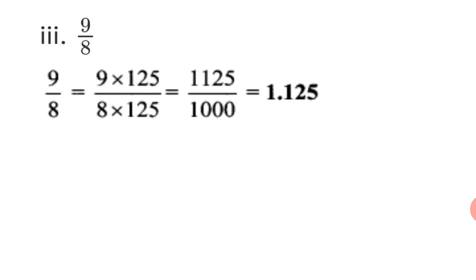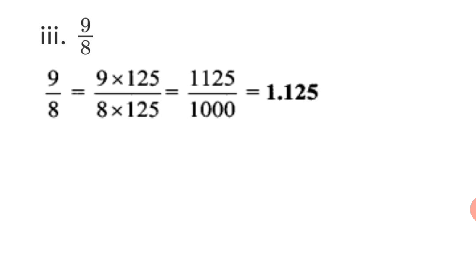Third sum, 9 upon 8. Now you have to remember how you can make the denominator 10, 100 or 1000. When it's 4, you can multiply by 25. When it is 8, you have to multiply by 125.